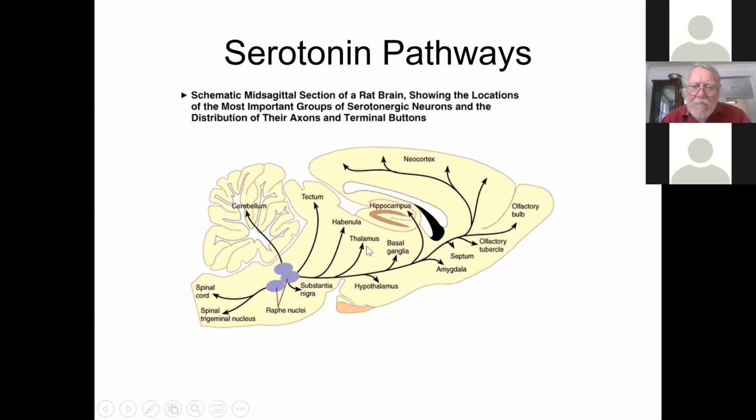They modulate the thalamus, the hypothalamus, the basal ganglia, the hippocampus, and then the whole limbic system. And then again, serotonin will reach forward into the neocortex to modulate effects.